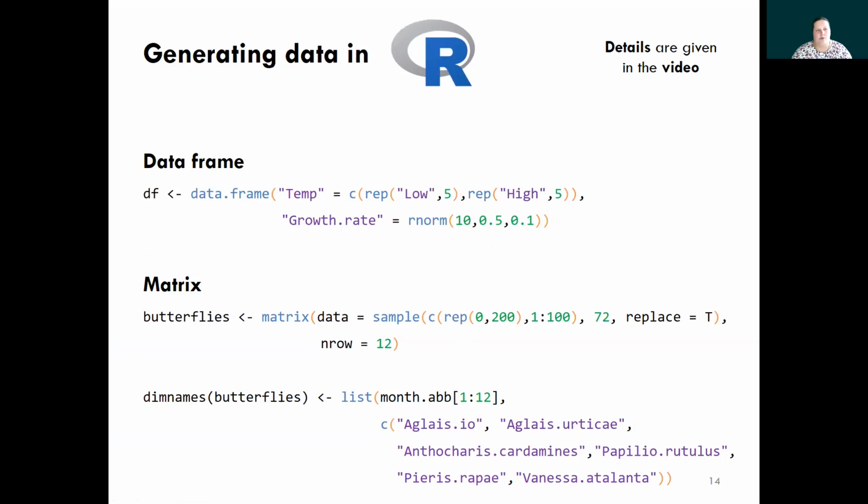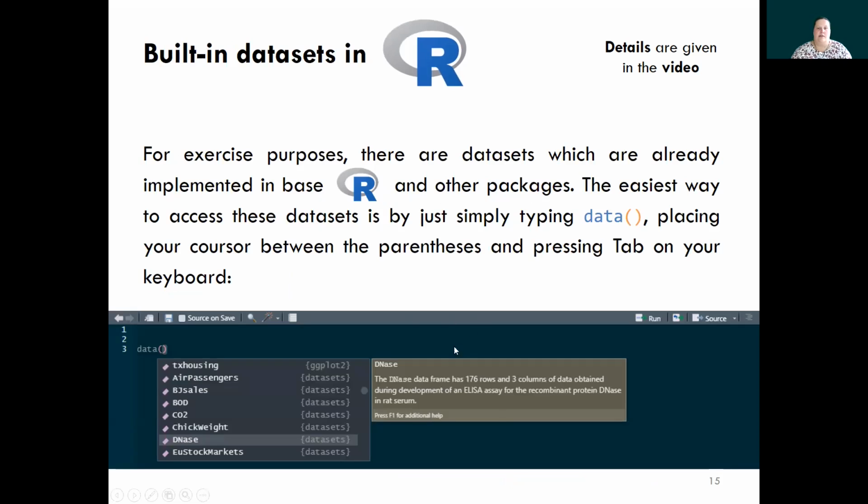But what you can also do is to use built-in data sets in R. And I will again show a few more details in the video later. Usually if you're exercising or trying to get familiar with R, you can use some of the data sets that are already given just to try a few functions before you go to your actual data. For these exercise purposes, there are data sets that are already implemented in base R or also in some other packages.